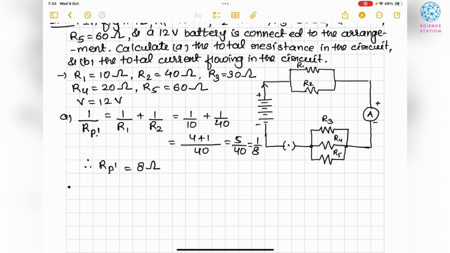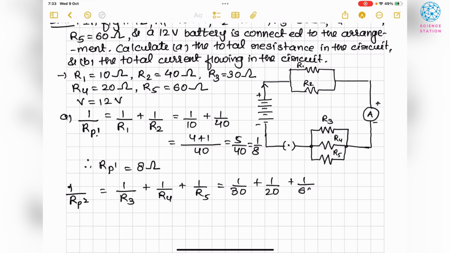Now the second one is 1 upon Rp2 equal to 1 upon R3 plus 1 upon R4 plus 1 upon R5. If I put the values, that is 1 upon 30 plus 1 upon 20 plus 1 upon 60.